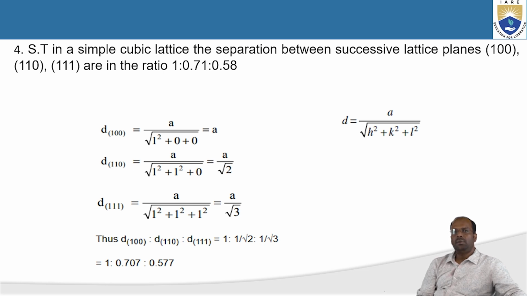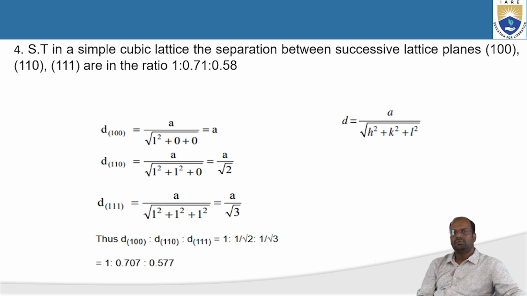Likewise, for the 111 plane, what are we getting? A by square root of 1 square plus 1 square plus 1 square, which is equal to A by root 3. Then that particular ratio, 1 is to 1 by root 2 is to 1 by root 3, is respectively 1 is to 0.71 is to 0.577.